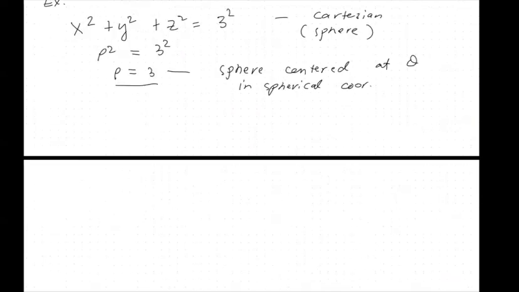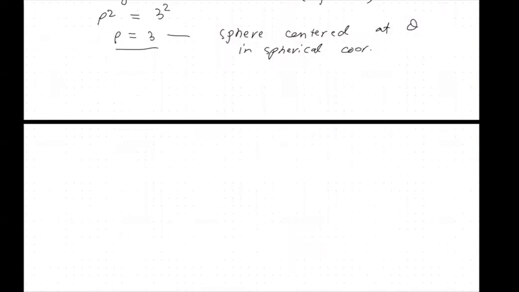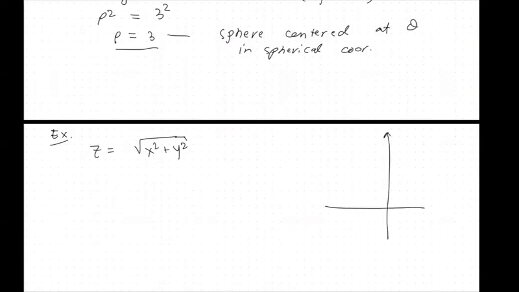The other one is the following. You have z is equal to the square root of x squared plus y squared. So if you look at the graph of this, suppose this is your x, this is your y, your z. This graph is a cone.